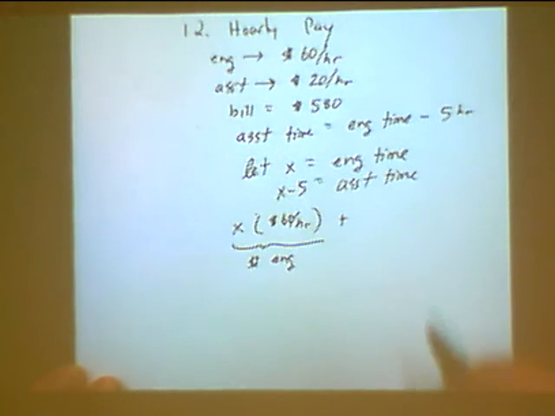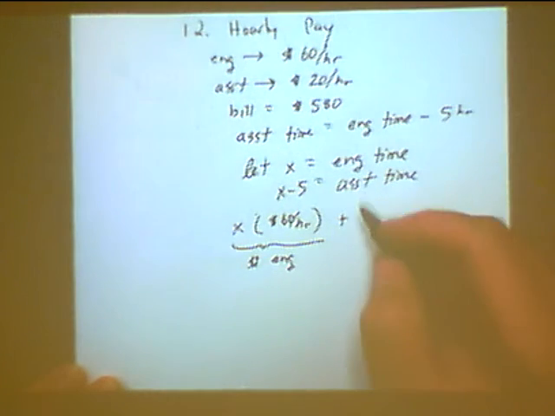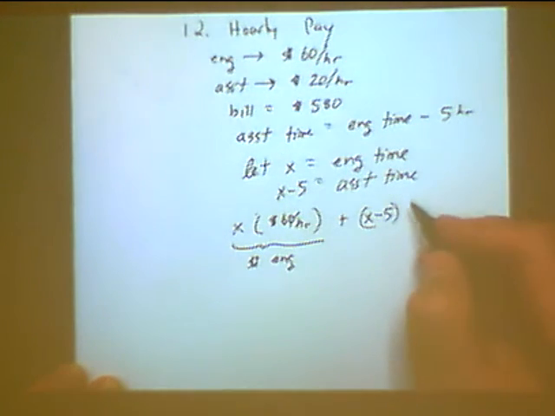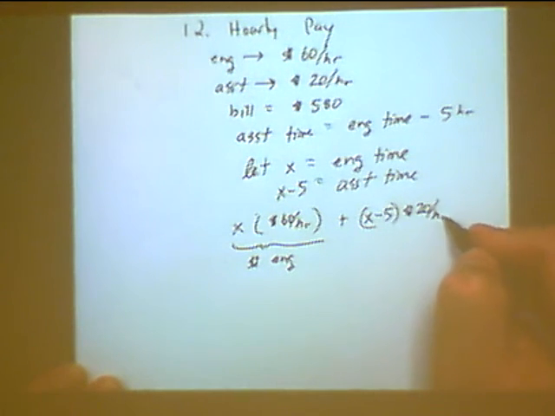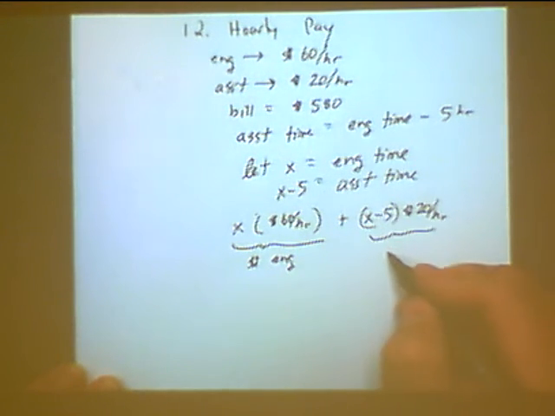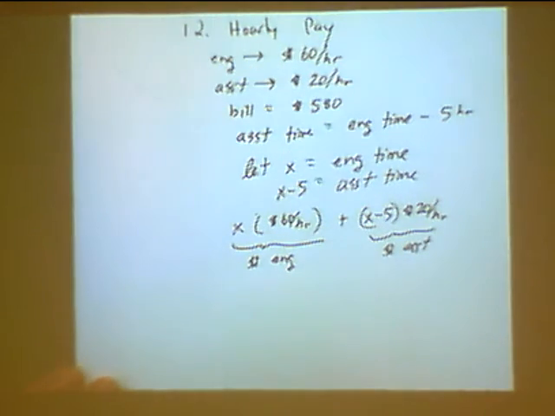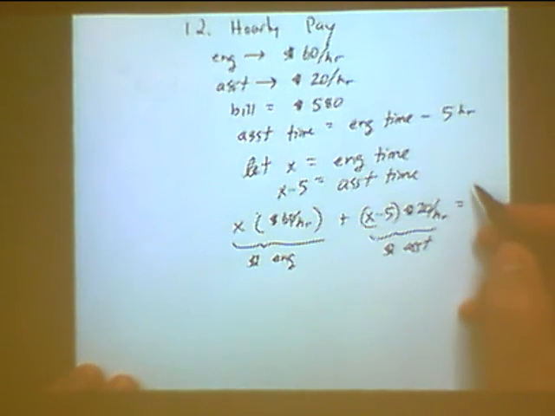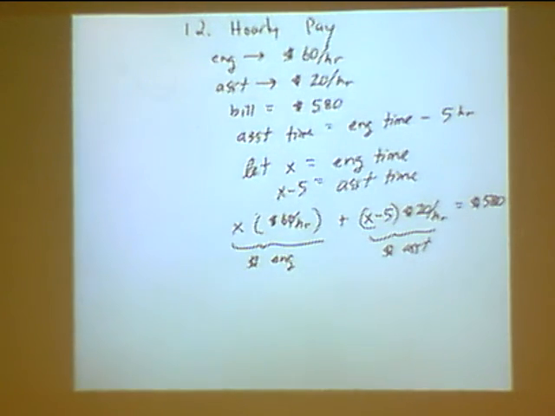And now I add to it the amount of time the assistant worked, which was x minus 5, and the assistant was being paid $20 an hour. So this right here is the amount of money that the assistant had to be paid. And we know the total bill, we add those two together, is $580.